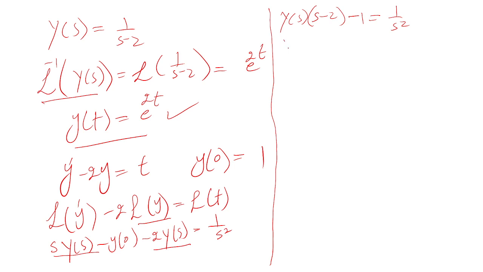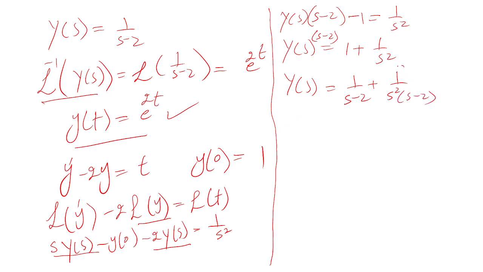So overall we get Y(s) times (s minus 2) equal to 1 plus 1 over s square. Now dividing by this s minus 2 on both sides, we get the Laplace transform of y is equal to 1 over s minus 2 plus 1 over s square into s minus 2.